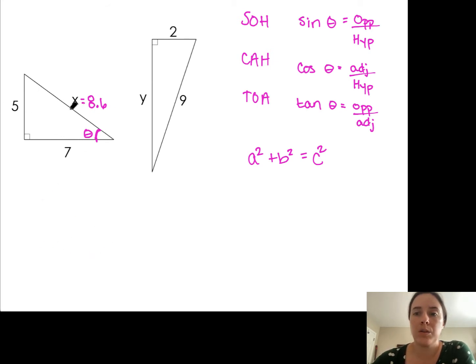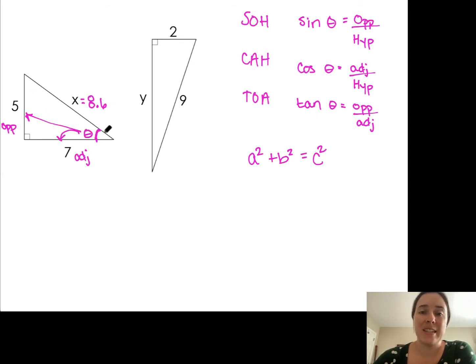However, I'm going to use tangent because I know the opposite side and I know the adjacent side. So the 5 is our opposite and the 7 is our adjacent. And I'm going to use those just because we calculated the hypotenuse, so there's a little bit of a rounding error that we could pick up in there. You could use the hypotenuse, but I don't feel like it.